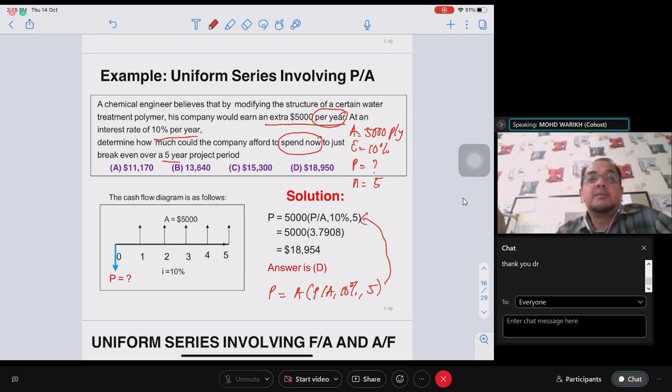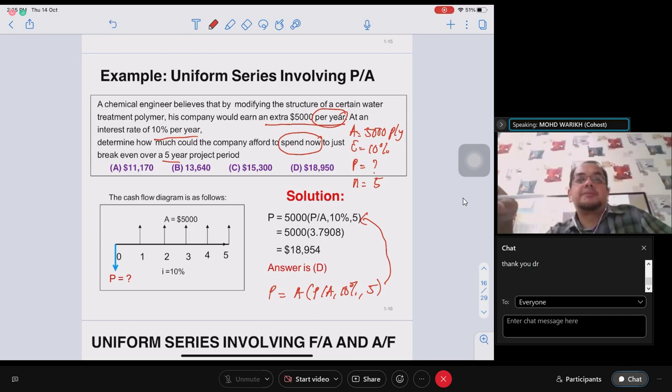Doctor, some students can't see what you are writing on the screen. How many of you can't see? The majority can see. If you can't see, maybe your line is not very strong. Try leaving and rejoining.